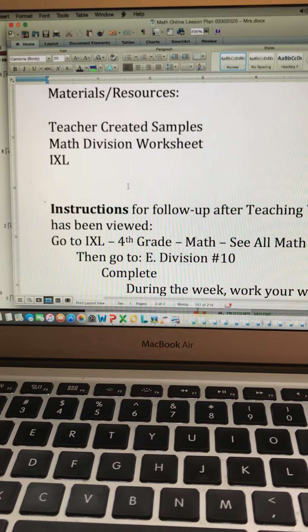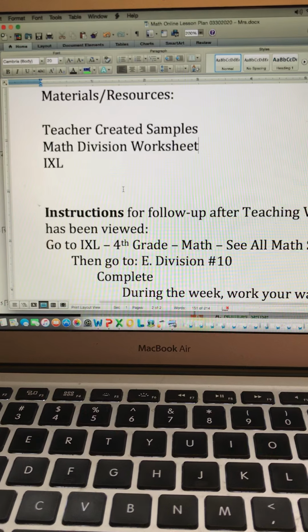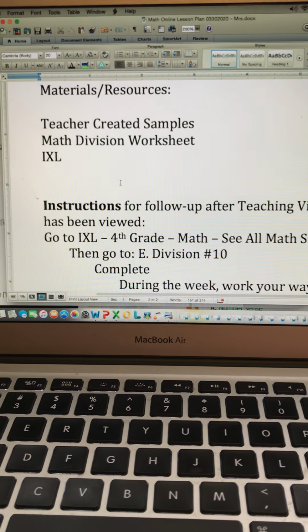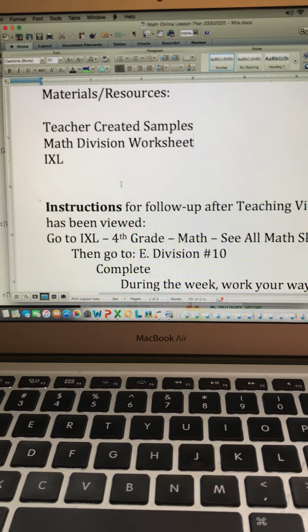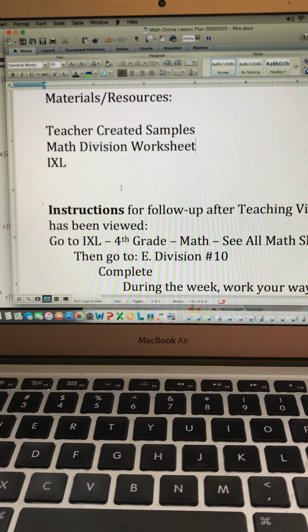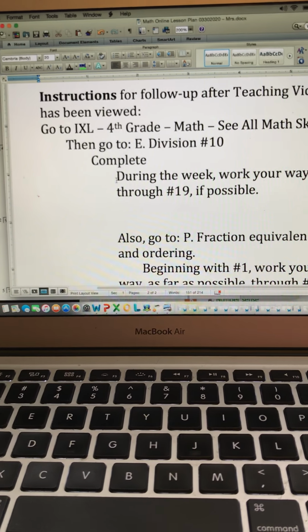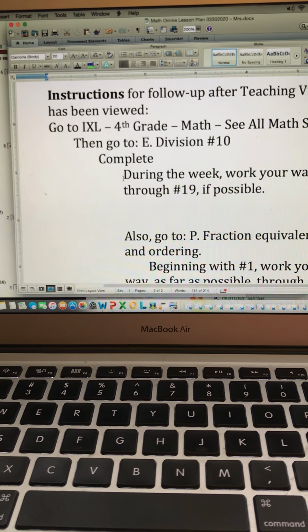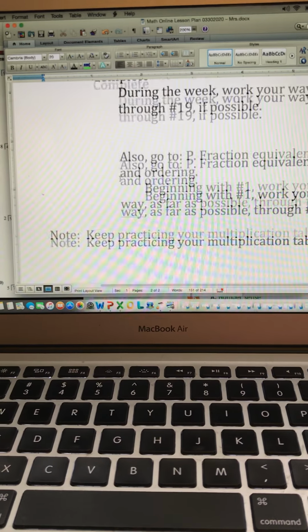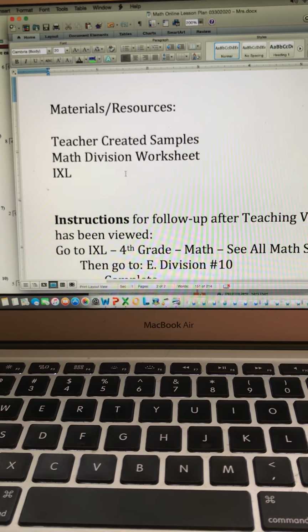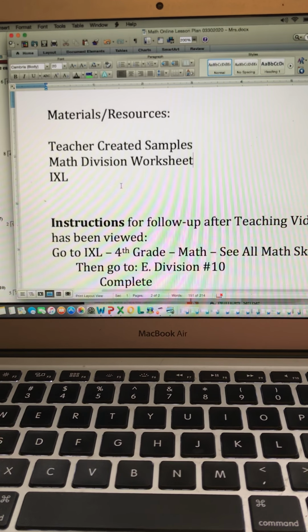And then I will let you know where you need to go to in the IXL program for both division and fractions, okay? And you'll have the instructions up here so that you would be able to pause a video. You'd be able to rewind it to make sure you know exactly what you are supposed to do, okay? So I will go back to that as soon as we are through.